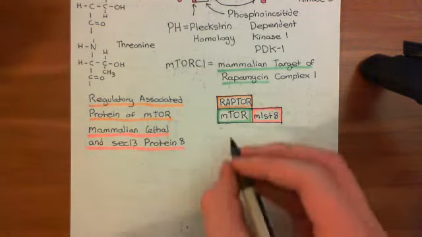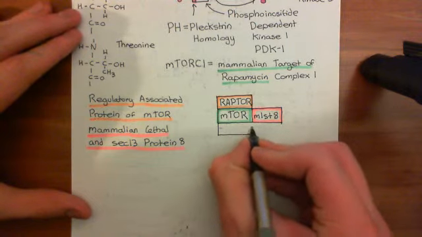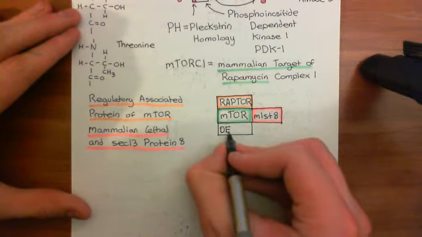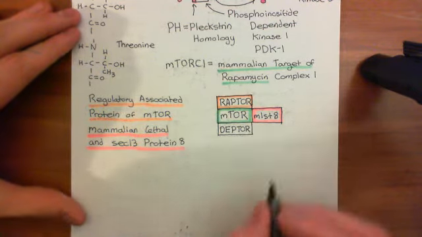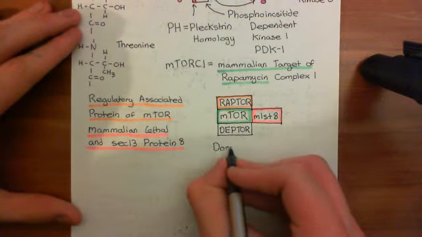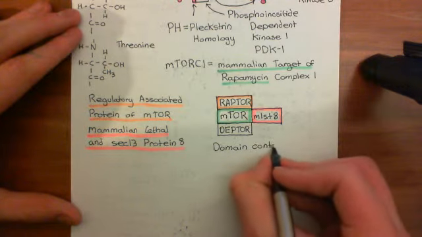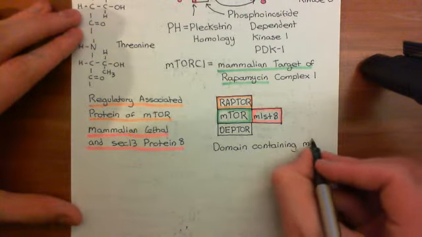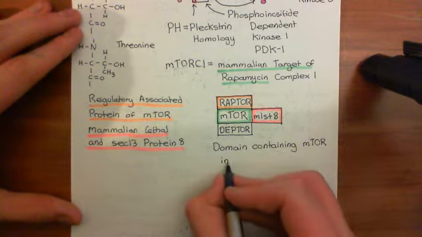Okay, so the next one is a protein known as DEPTOR, which means domain containing mTOR interacting protein. So this is DEPTOR. Okay, so this stands apparently for domain containing mTOR interacting protein. So the D is for domain, then it goes off a bit because we've got containing mTOR, mammalian target of rapamycin in full, interacting protein.